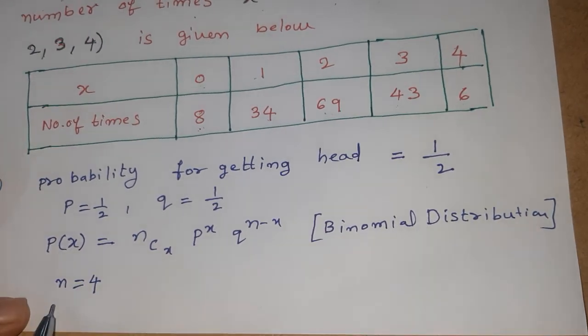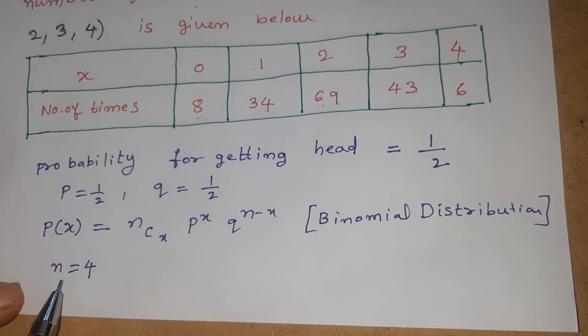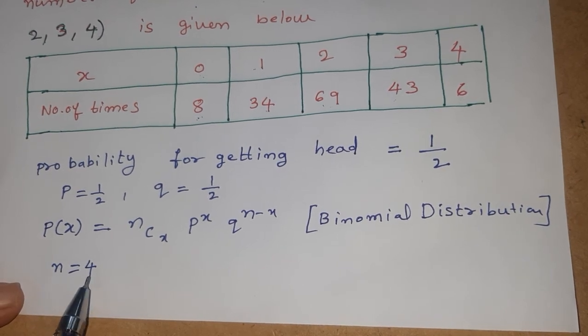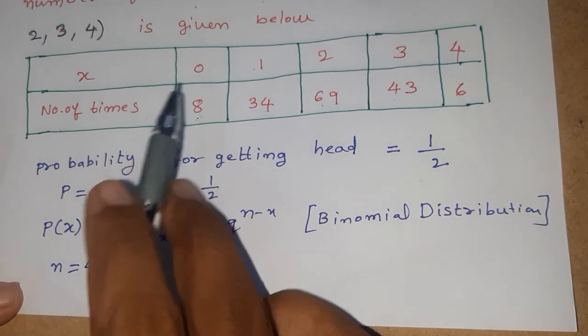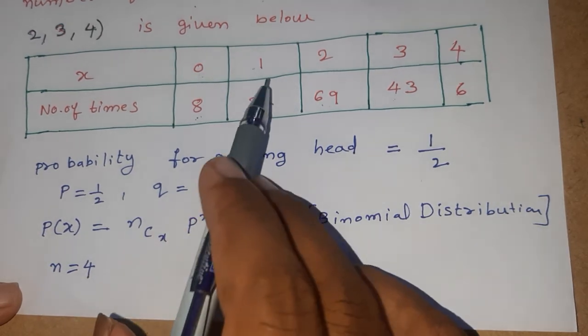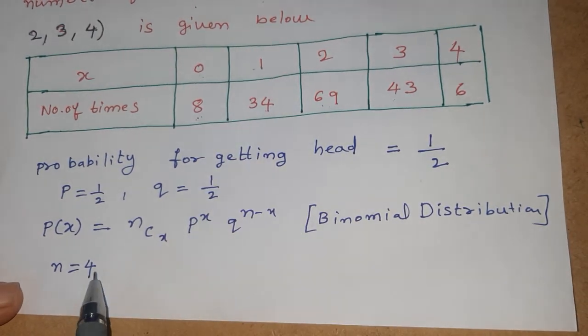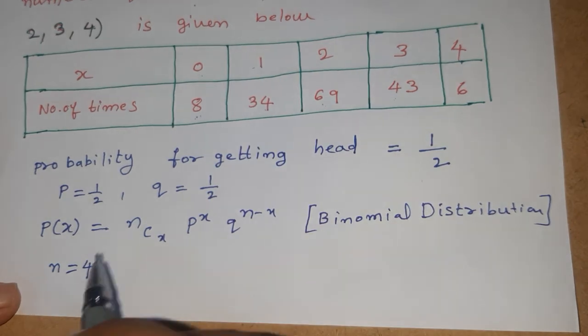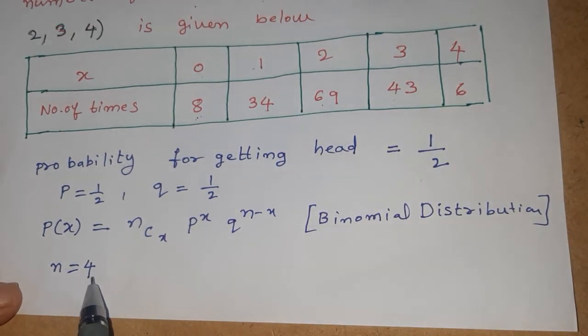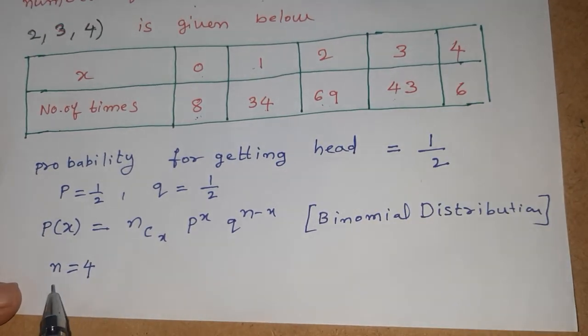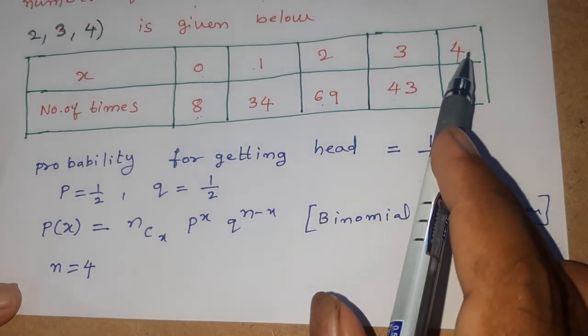There are 4 coins, therefore we have to consider small n as 4. We may have 0 successes, that is 0 heads among these 4 coins, or 1 head among these 4 coins, or 2 heads, or 3 heads, and maybe all 4 coins may have 4 heads.